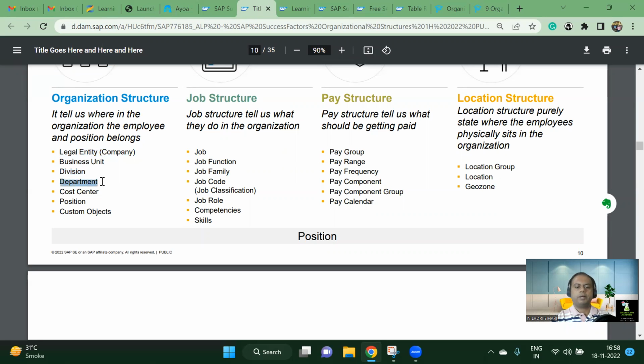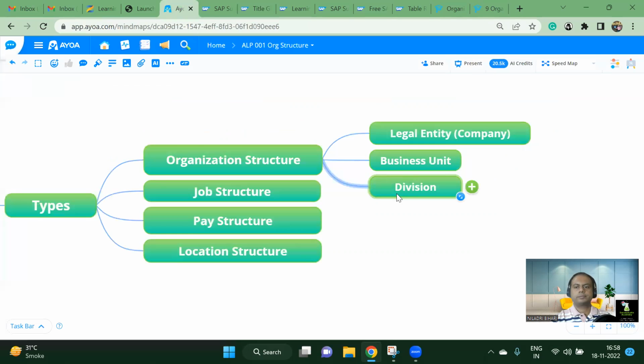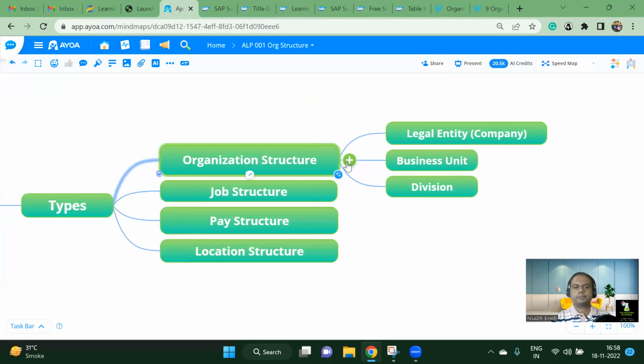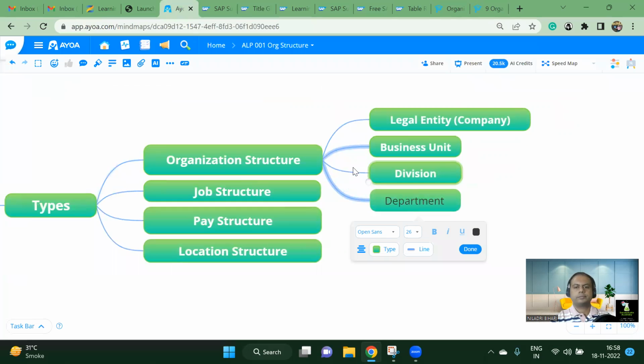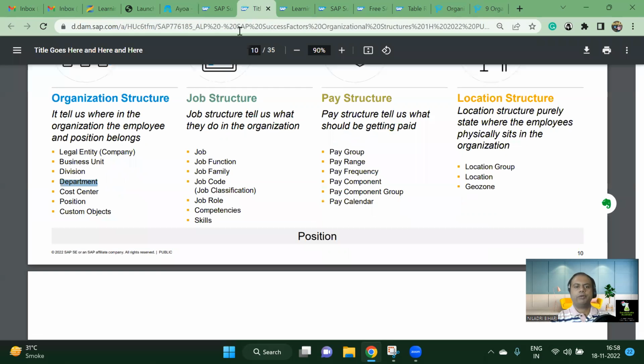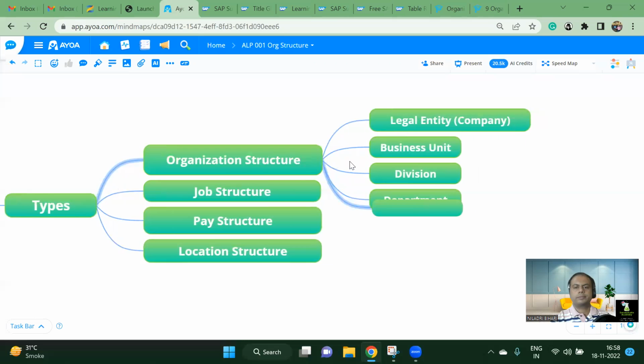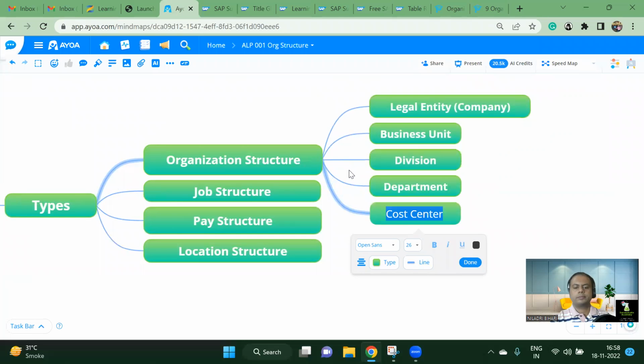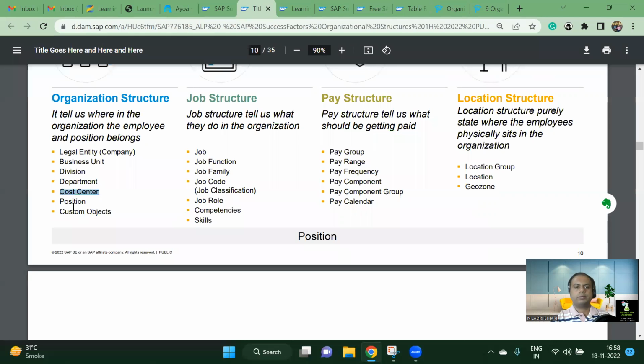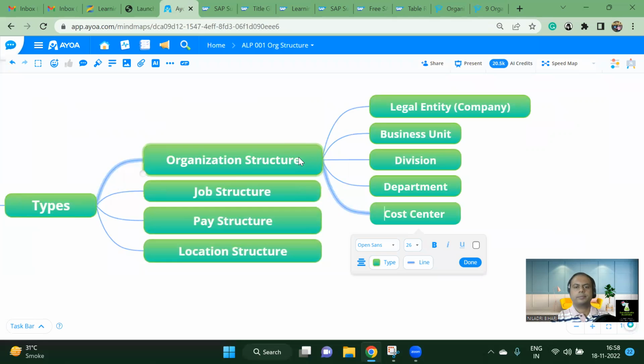Division, we do have department. Then we do have cost center, then we do have position, or it can also be custom objects.